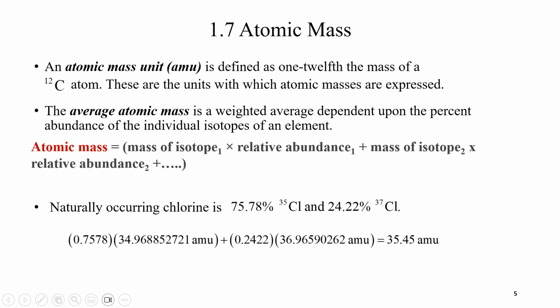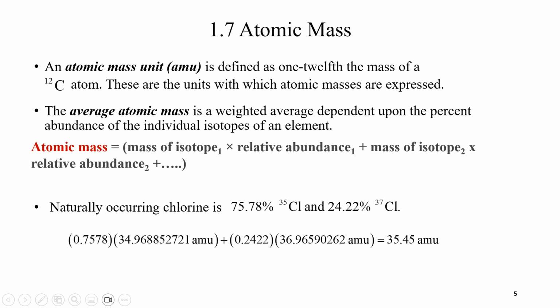Then I add the mass of my second isotope, which is 36.9659, so close to 37, multiplied by its relative abundance. 24.22 divided by 100 gives me 0.2422. I multiply these two numbers, and when I add those two products together, I get approximately 35.45 atomic mass units.